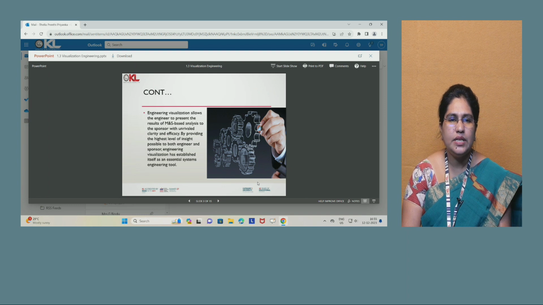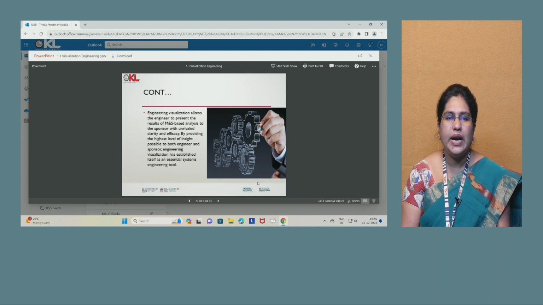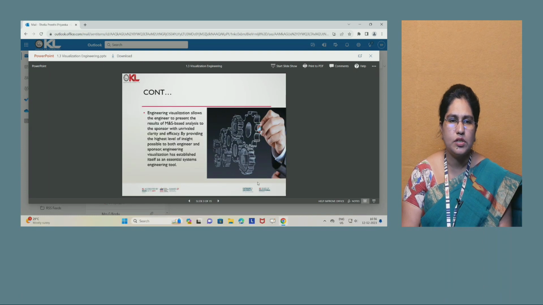Now engineering visualization comes. What is engineering visualization? It allows the engineer to present the results of analysis to sponsors with unrivaled clarity and efficiency, providing the highest level of insight to both the engineers and the sponsors.